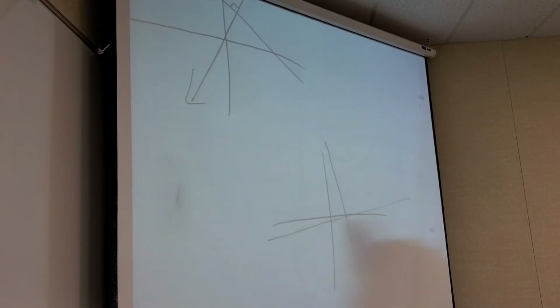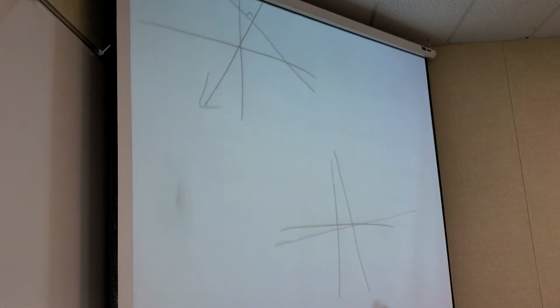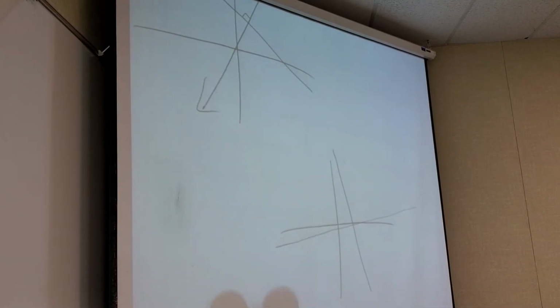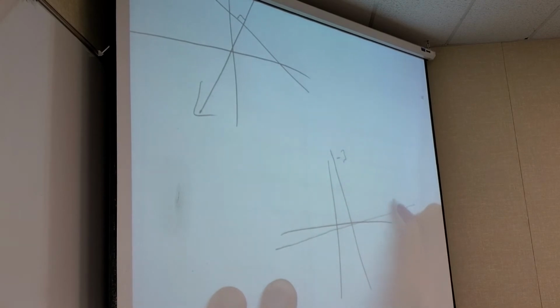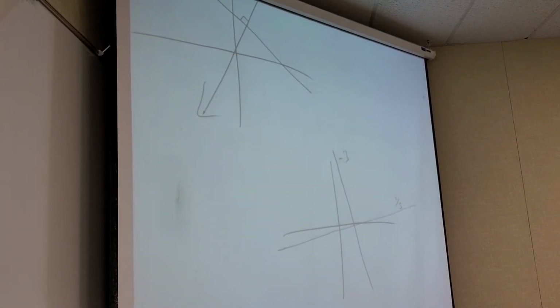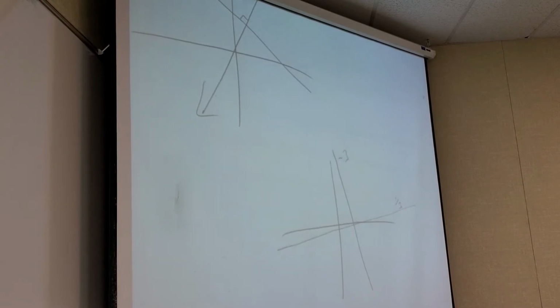This one's almost flat. Is this one almost flat? No, this is almost exactly not flat. So if this guy had like a -3 slope, this guy would have a 1/3 slope. So that's why I love to say it like this. Parallel lines have exactly the same slope. Perpendicular lines have completely opposite.